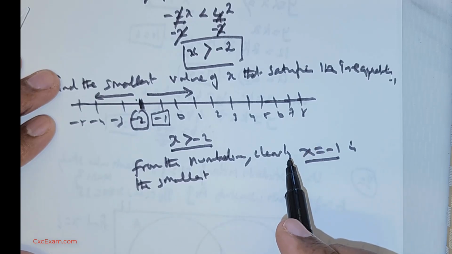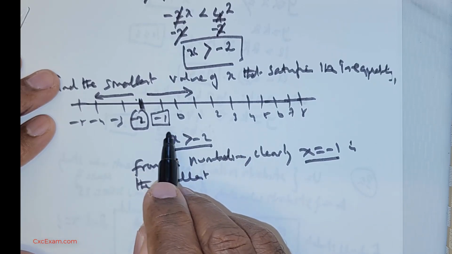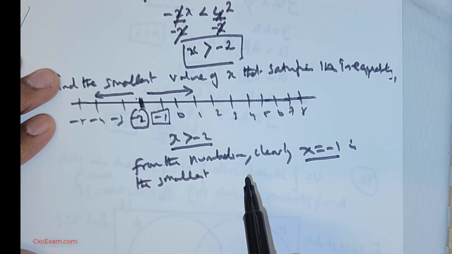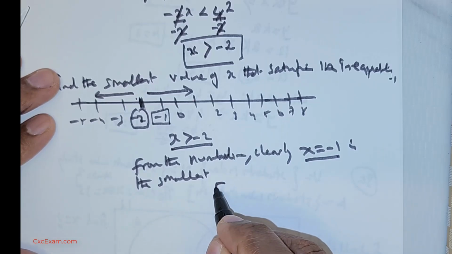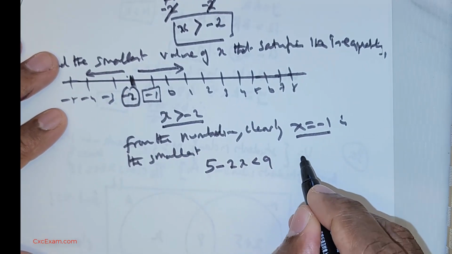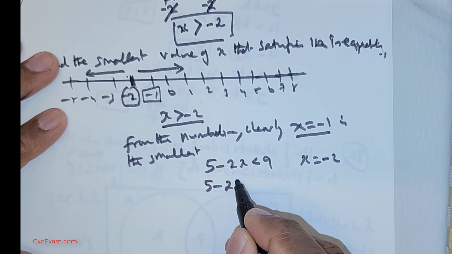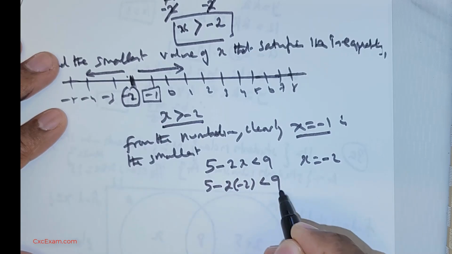Now when we talk about the smallest integer, we are only talking about the smallest integer that satisfies the inequality. See, the inequality is given as 5 − 2x < 9. Now when I substitute x = −2 here, 5 − 2(−2) should be less than 9.